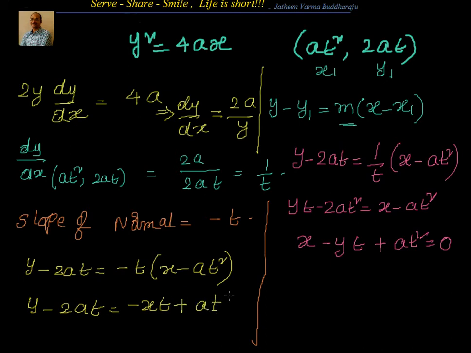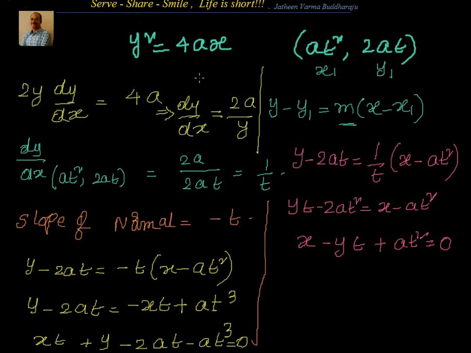If we write it in the form of ax plus by plus c, we will have xt plus y minus 2at minus at cube is equal to 0. So that's how we can find the equation of tangent and normal to a particular parabola at a point at square comma 2at. Let me just summarize this.